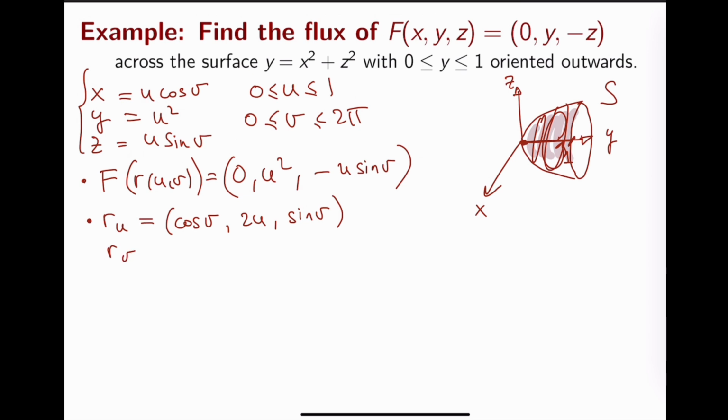And Rv is the derivative with respect to v. u is a constant that goes out, so it's u times the derivative of cosine, which is minus sine. So it's minus u sine of v. And then the derivative here with respect to v is 0, and then the derivative here with respect to v, as before, is u cosine of v. We need to calculate the cross product of these two vectors.